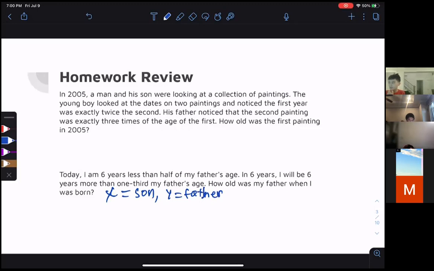X equals y over 2 minus 6. And then the second equation is x plus 6 equals y over 3 plus 6.